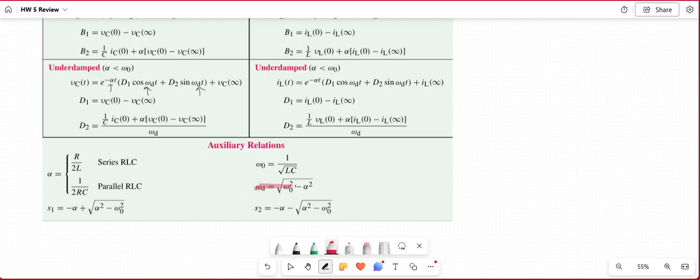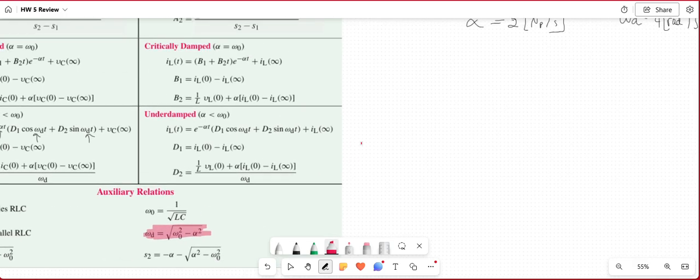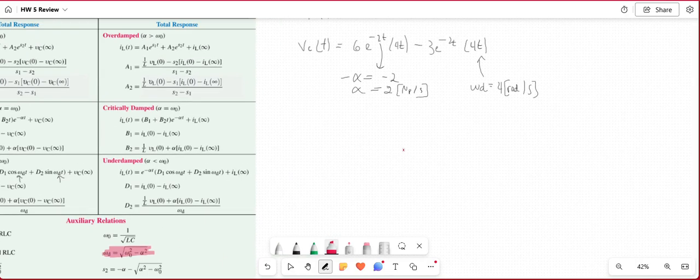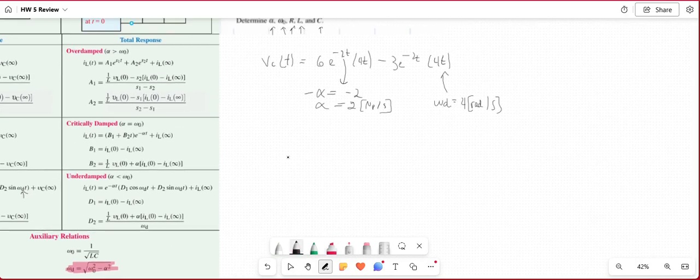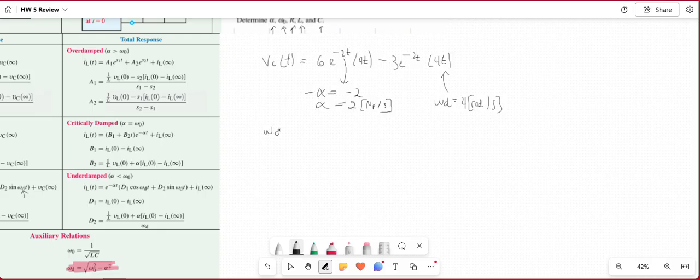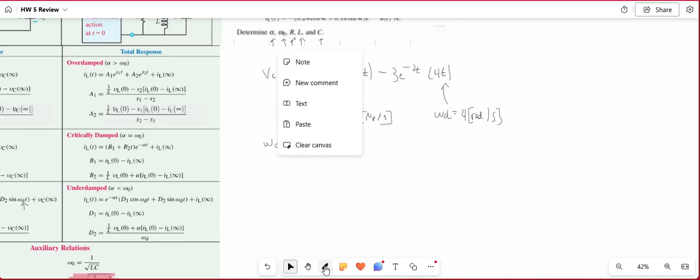So WD equals the square root of W naught squared minus alpha squared. Now we need to solve for W naught because that's one of our missing values.